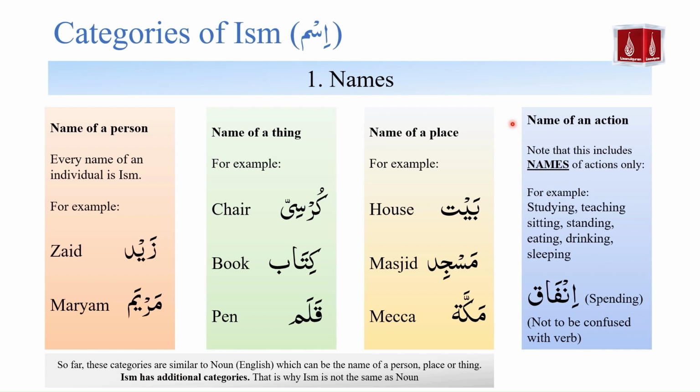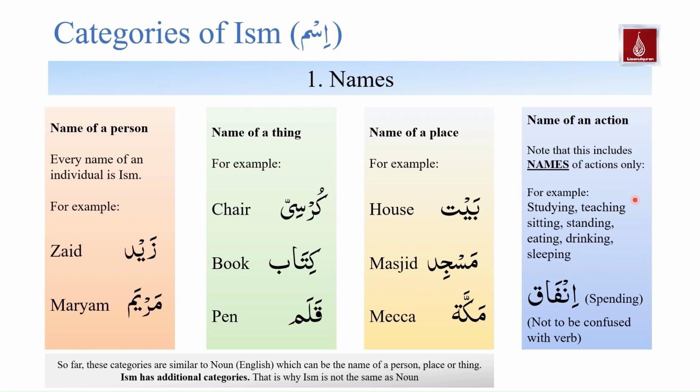Ism can also be the name of an action. Please note that this includes names of actions only. For example, studying, teaching, sitting, standing, eating, drinking, or sleeping. An example from Arabic is the word infaq, which means spending.